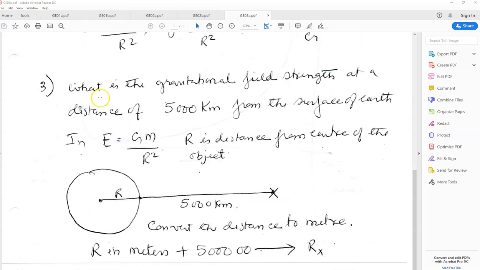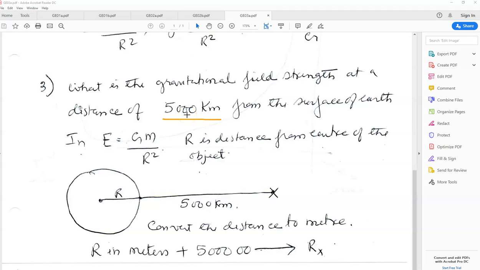Now one more question of this type: what is the gravitational field strength at a distance of 5000 km from the surface of the Earth? Again, this is also a simple formula or value substitution problem, but there's something you can't forget here. The first thing is the value is given in kilometers.